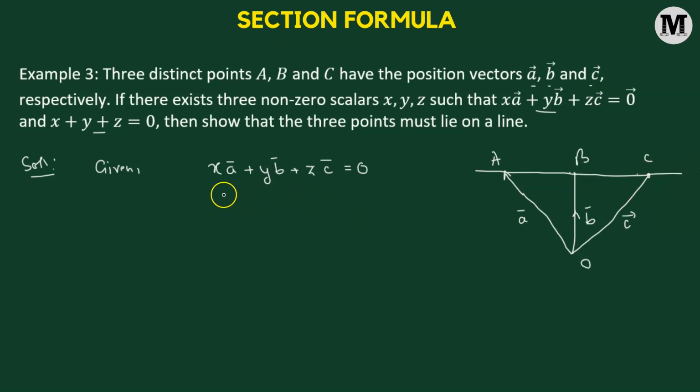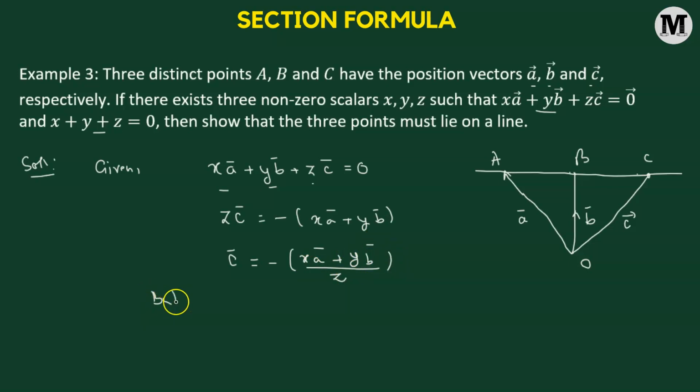Now let's try to rearrange the terms. Here we will keep z times C vector on the left hand side and transpose the first 2 terms onto the right hand side to get x times A vector added to y times B vector. Now we can divide by the scalar z. So we have C vector equals negative of (x times A vector plus y times B vector) divided by z.